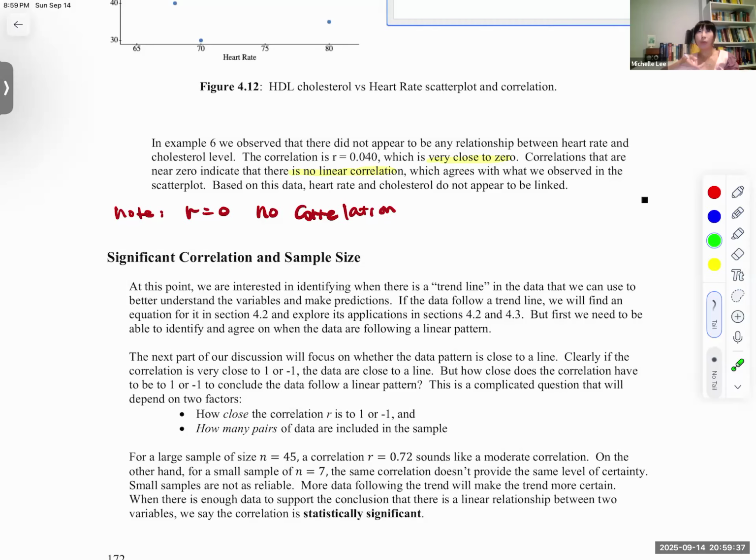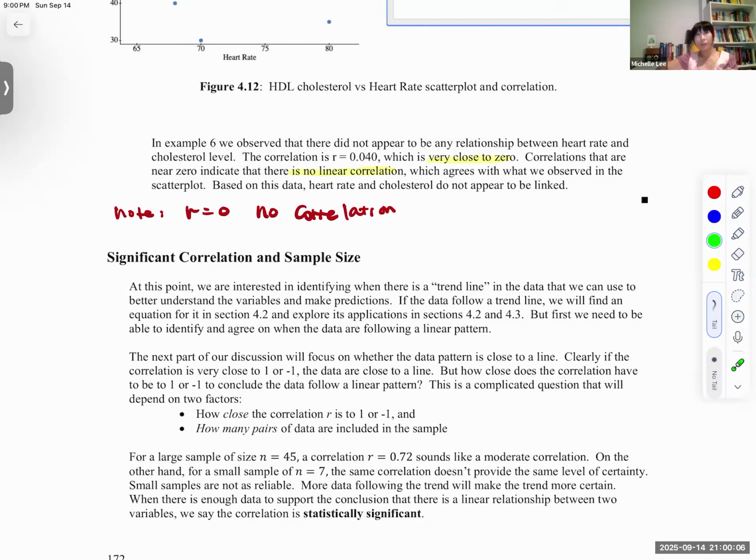Then what we are doing: we have a correlation between two variables. We have a terminology: statistically significant if there is enough sample evidence to conclude that there is a linear relationship between the variables.